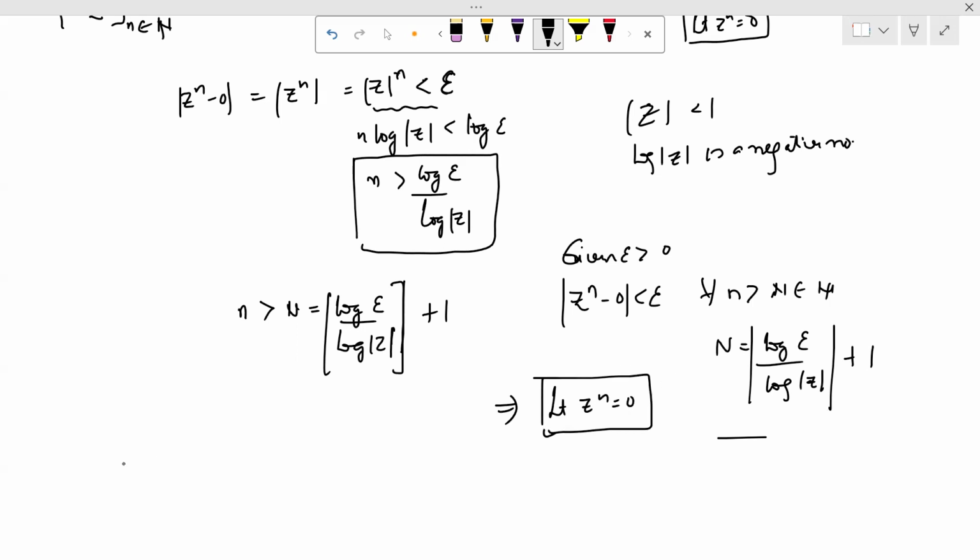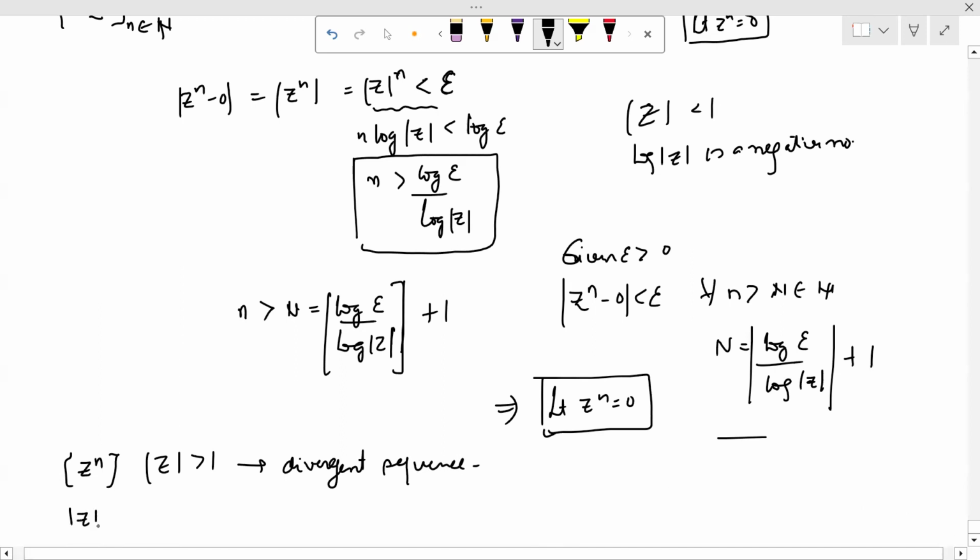Had it been the case that Z^n with mod Z greater than 1, then that is a divergent sequence. And what about the elements which lie on the unit circle? Here nothing can be said. Why can nothing be said? Let us say I'm taking elements on the unit circle.